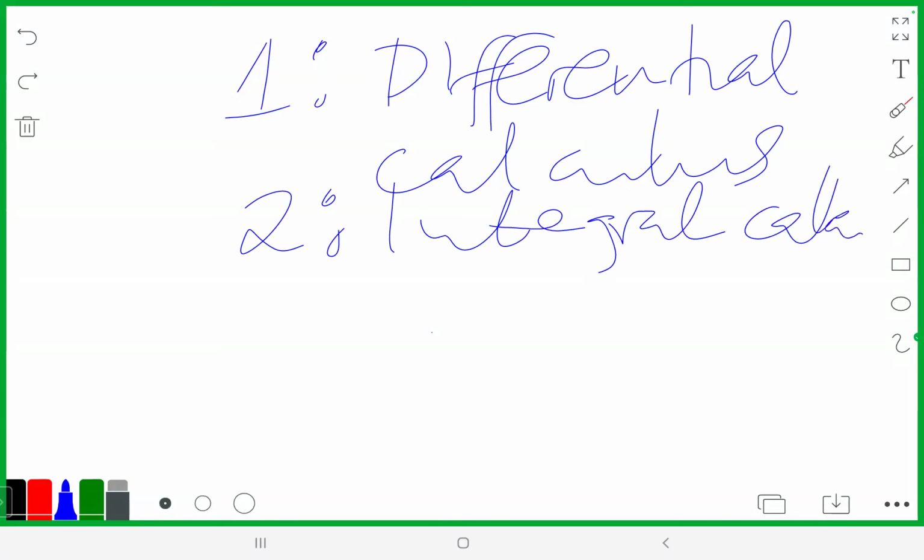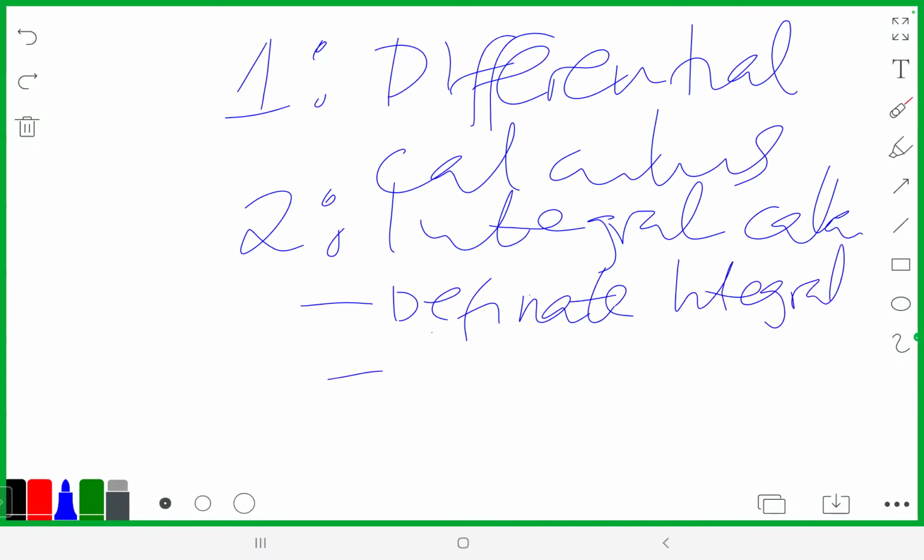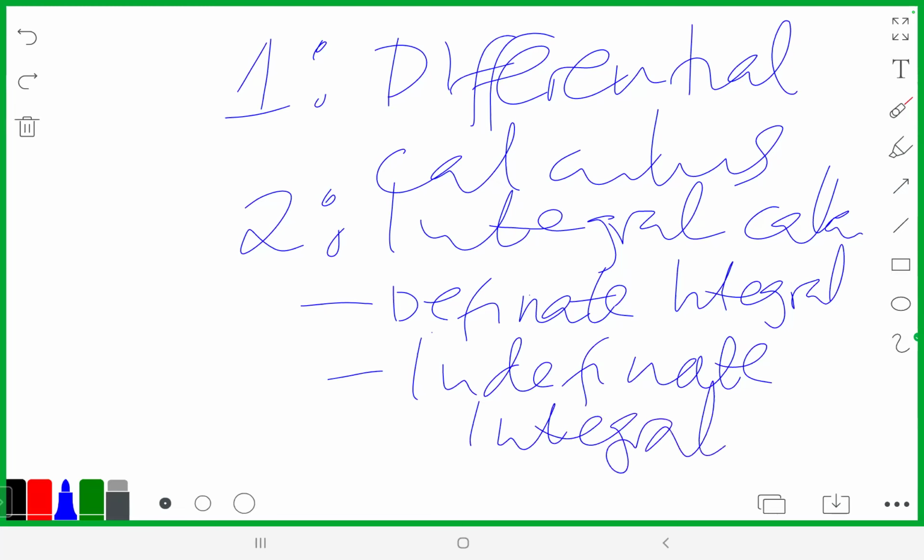Within the integral calculus, you have two types of functions: definite integrals and the indefinite integrals. I'll explain all of them in detail when we start. These are the major ones that you look at in all levels.